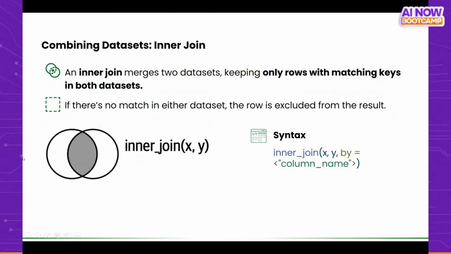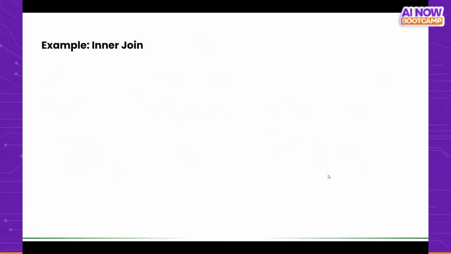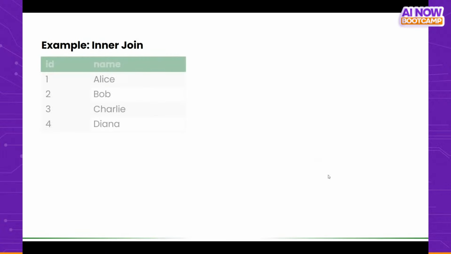Look at this. So the inner join will merge the two data sets, but we only keep rows with matching key in both data sets. You can see, where the data sets have something in common is what we put together to have your merged data set. Okay, for example, look at this one here. You have student ID and you have another ID here.